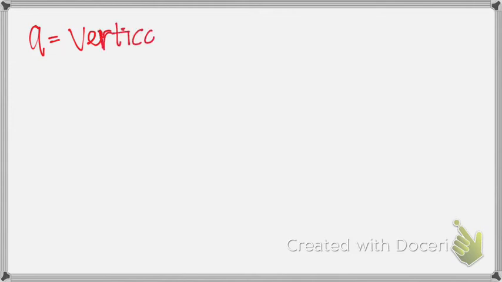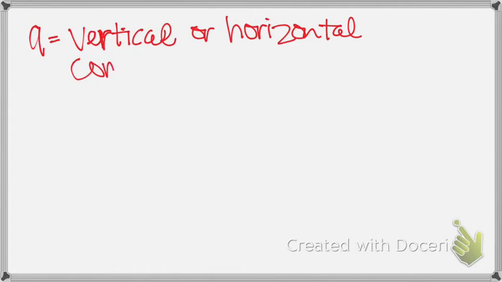So A is a vertical or horizontal compression or stretch. Now remember, there are 3 rules with an A. If it's between 0 and 1, it's a compression, and if it's greater than 1, it's a stretch.